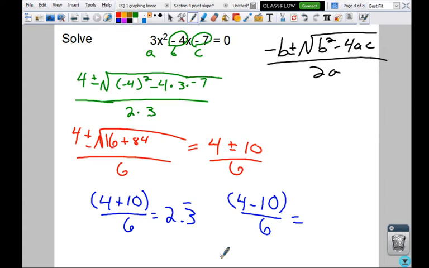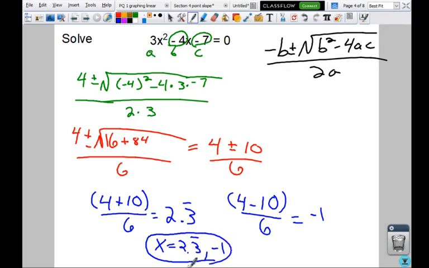Oh no, wait, negative 1. Alright, and those are our two answers. I have x equals 2.3 repeating, and negative 1.